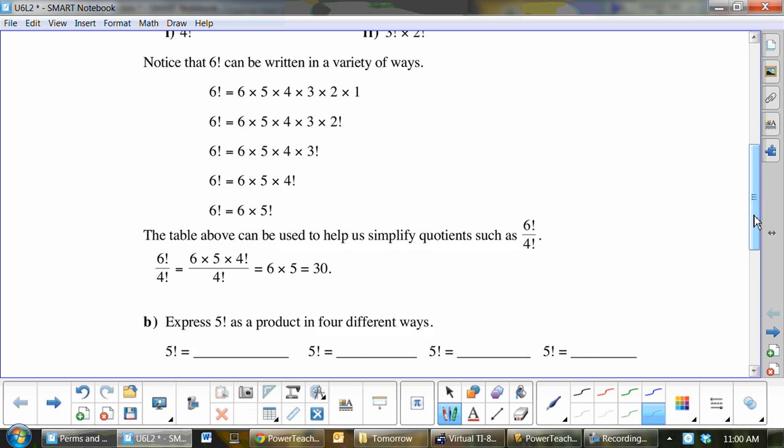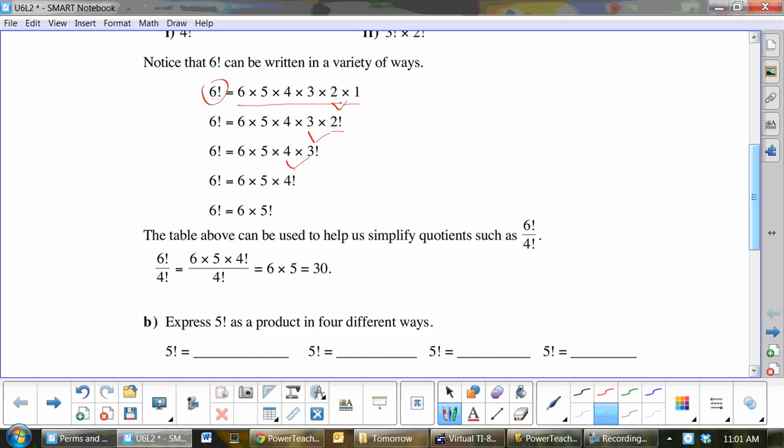Now, one thing that you need to know is that, of course, this equals this. We just went through that. But 2 times 1 is the same thing as 2 factorial. So I can go 6 times 5 times 4 times 3 times 2 factorial. Well, 3 factorial is the same thing as 3 times 2 factorial, and 4 factorial is the same thing as 4 times 3 factorial.